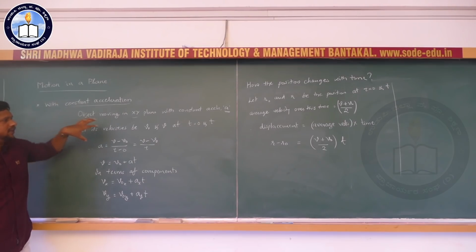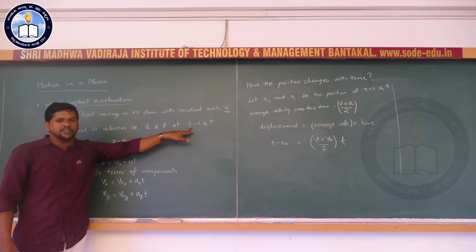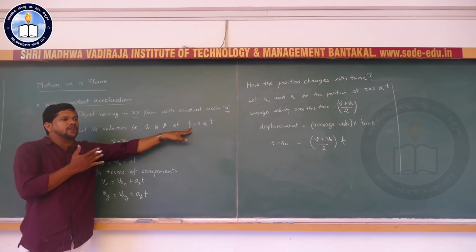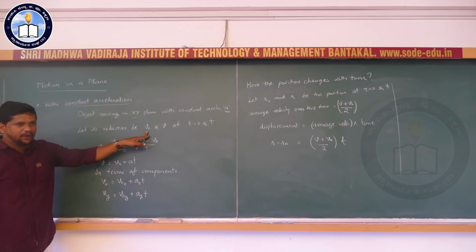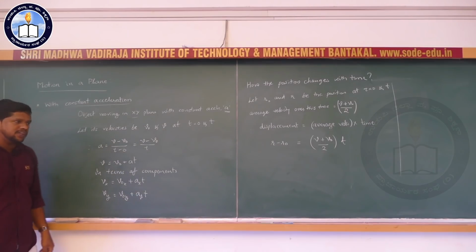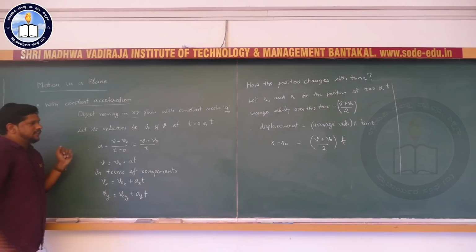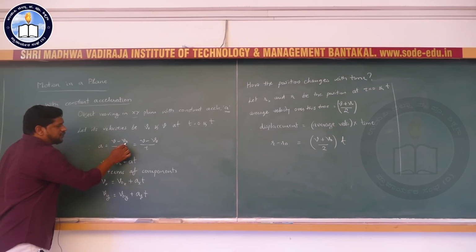For our observation, let V naught be its initial velocity, that is, when we observe it at time t equal to 0, its velocity is V naught, and after a time interval of t seconds, let it gain a velocity v. On the basis of this, you can write acceleration a as the change in velocity, final velocity minus initial velocity, divided by time.